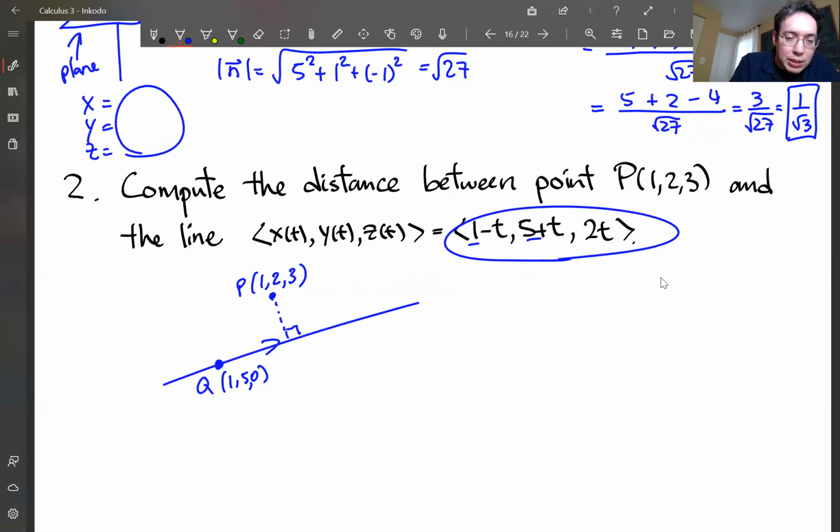I can call that point Q on the line. And what I could do is again draw a vector QP, and then I don't have a normal vector this time, but I do have a directional vector for the line, which is -1, 1, 2.